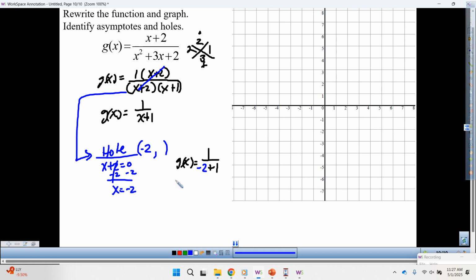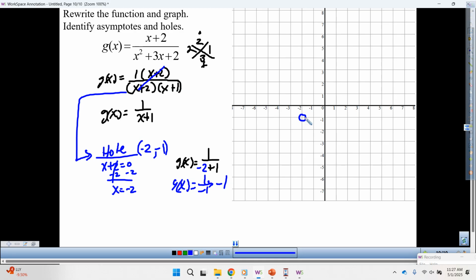So g of x equals 1 over negative 1. What is 1 over negative 1? Negative 1. So my hole is at negative 2, negative 1. Right there. Check your graph. Hands up if you got that by yourself.